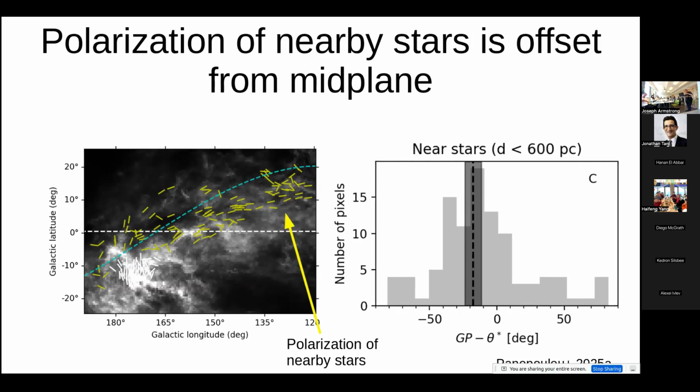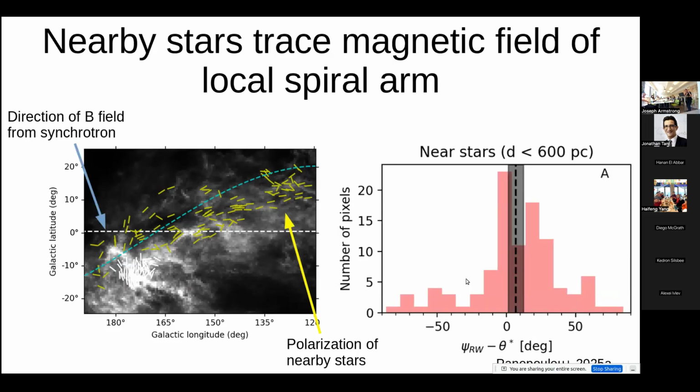If I make a histogram of the difference between the stellar polarizations and the midplane direction, I see that there's an offset of, on average, 20 degrees. If I compare instead the polarization of the stars with the spine of the Radcliffe wave, I see that there's an alignment. So the offset goes now to 0 on average. So what we're seeing is that the magnetic field in this part of the wave seems to be aligned in projection with the spine of the wave.